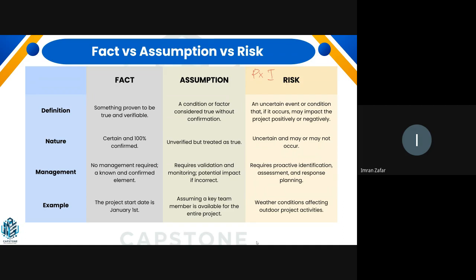It should not happen like this. Maybe one or two assumptions can go wrong, but if more than 80% are going wrong, then obviously your entire process was not correct.